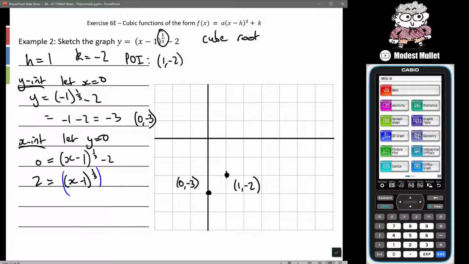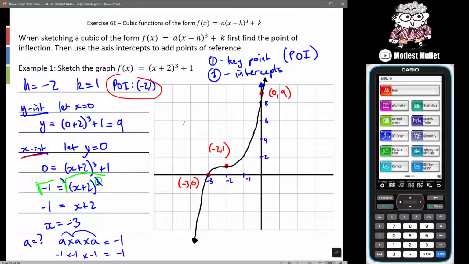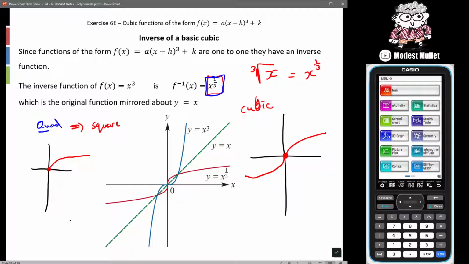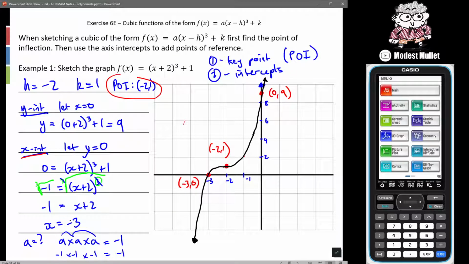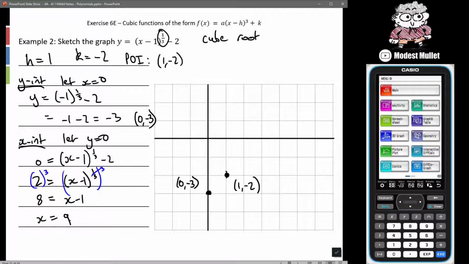Well, that would be the same as taking the whole thing and cubing it. That will cancel. So we get 8 is equal to x minus 1, so x is equal to 9. And that makes sense because it turns out that this is the inverse of this function that we did back here. It's flipped all the points.